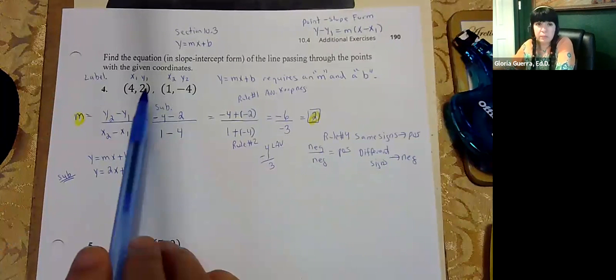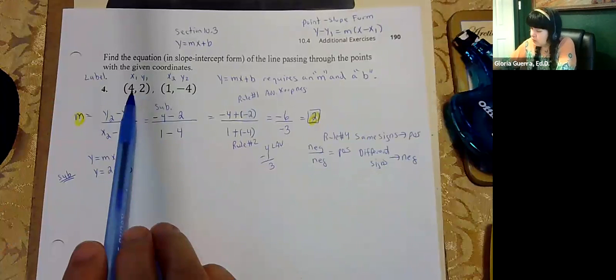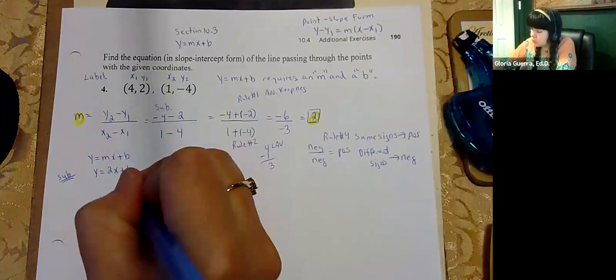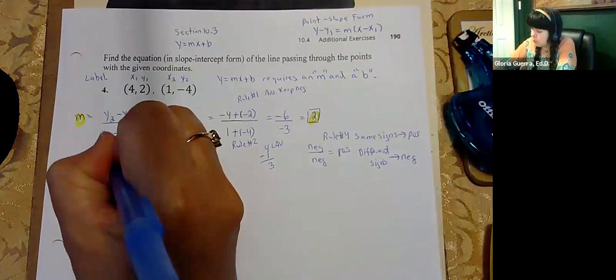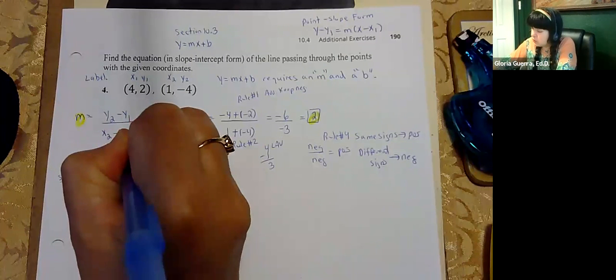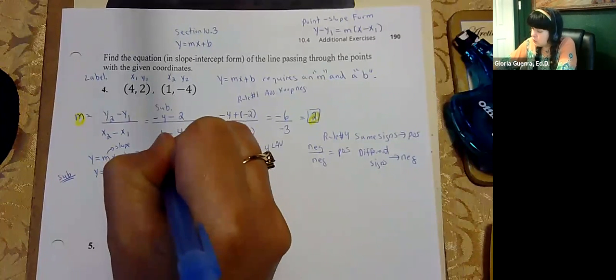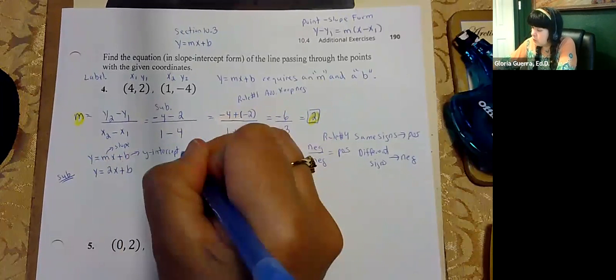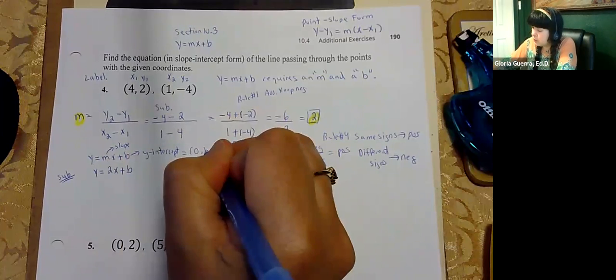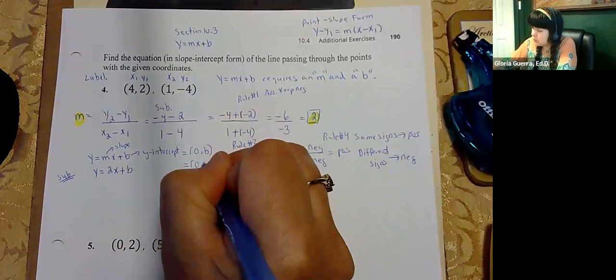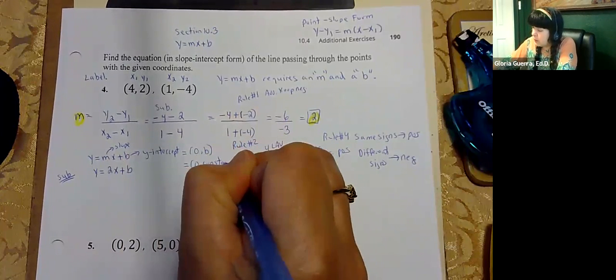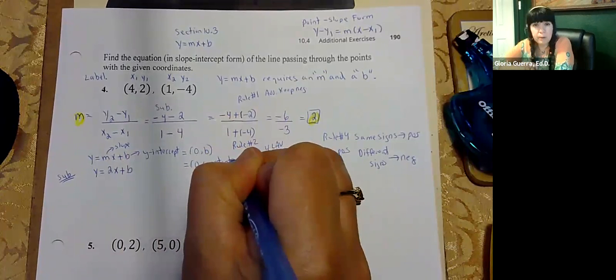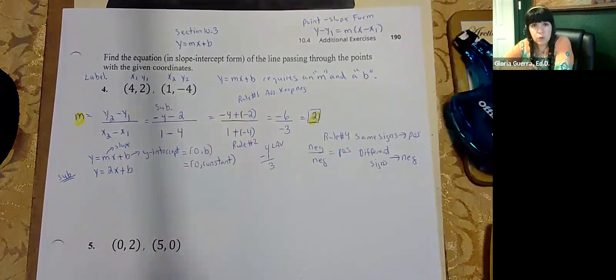And these are not b. Remember what b is. m is your slope. b is your y-intercept, which is 0, b, right? 0 and a constant. None of these are y-intercepts.